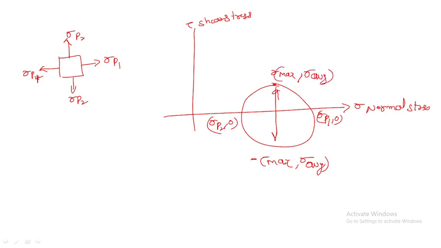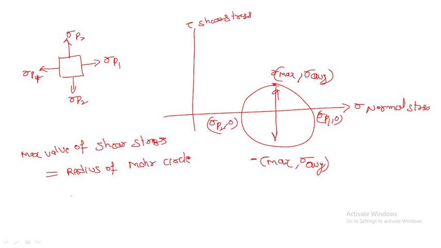Now the maximum value of shear stress is equal to what? It is the radius of the Mohr circle, that is sigma P1 minus sigma P2 divided by 2.